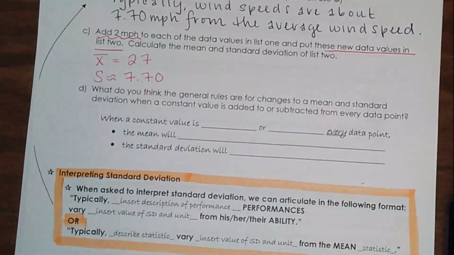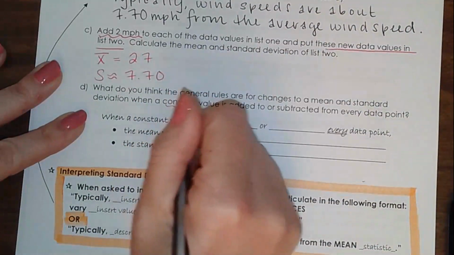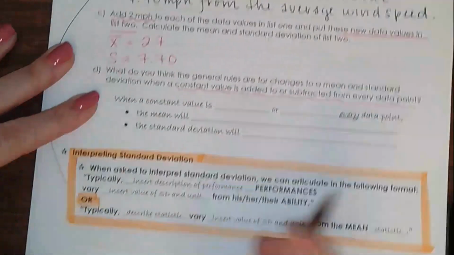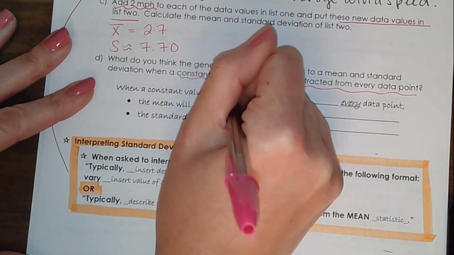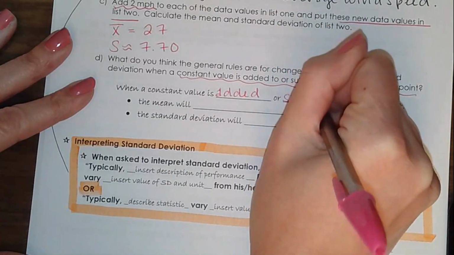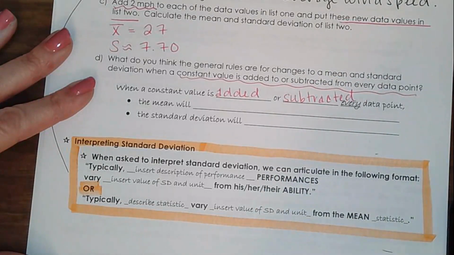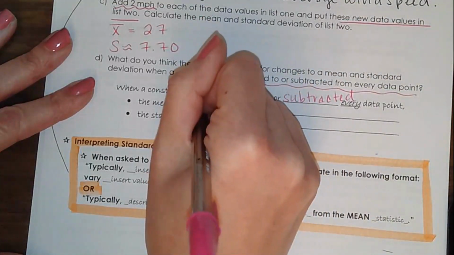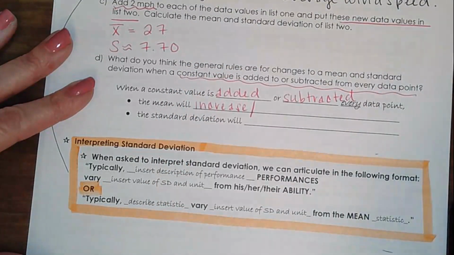So it says, what are the general rules for when you have a constant value added or subtracted to every data point? Okay. When a constant value is added or subtracted to every data point, the mean is either going to, well, it will increase by that constant, but if you subtract, it's going to do what?